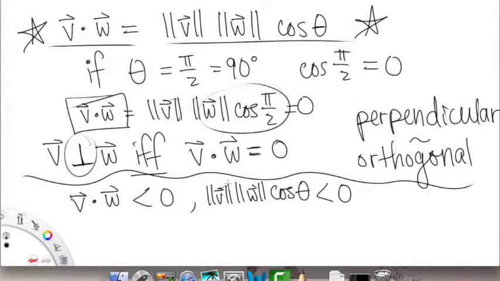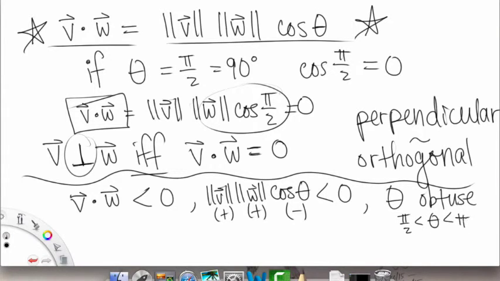And the magnitudes, since they are lengths, are always going to be positive. So we have a positive number here, a positive number here, and this must be a negative number. So that means that our cosine theta is negative. So that means that our angle must be obtuse. Okay, and obtuse meaning between 90 and 180 degrees, or between pi over 2 and pi. Because then cosine goes over into the negative side.